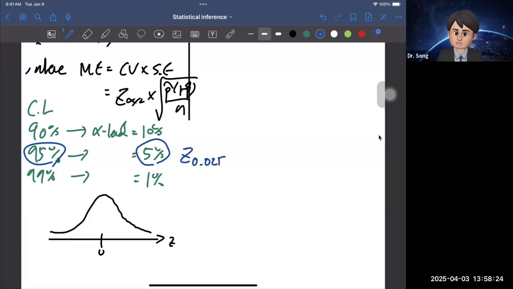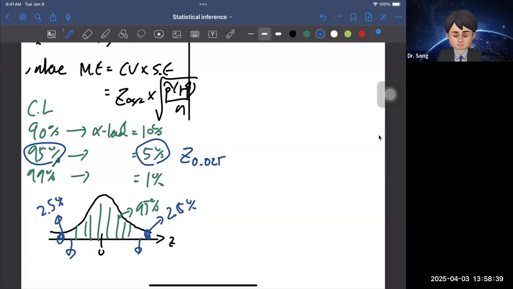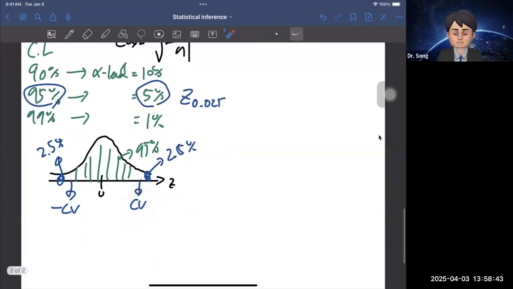That tells you, all right, so here, this shaded area is 95%. And then you see that this one and that one, the left tail and the right tail, is 2.5% each. So you have 2 critical values. One is negative, and the other one is positive. So what you need to get is a positive critical value.